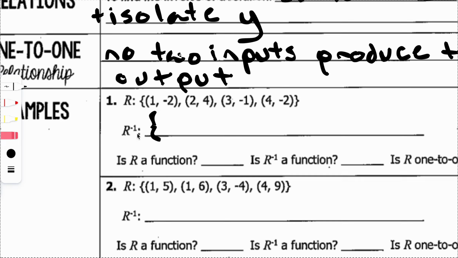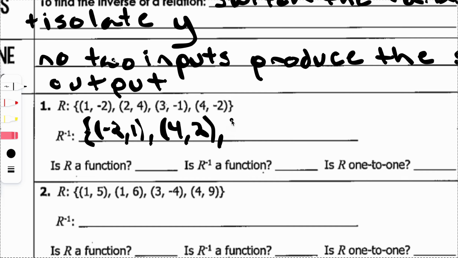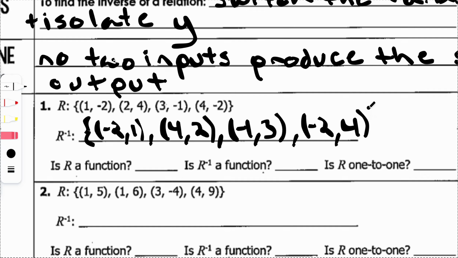In our inverse, we're going to switch our x and y such that it becomes -2, 1. For the point 2, 4, we're switching it to become 4, 2. And we're going to keep on doing this for every point: -1, 3, and then -2, 4. Then we use these curly brackets.